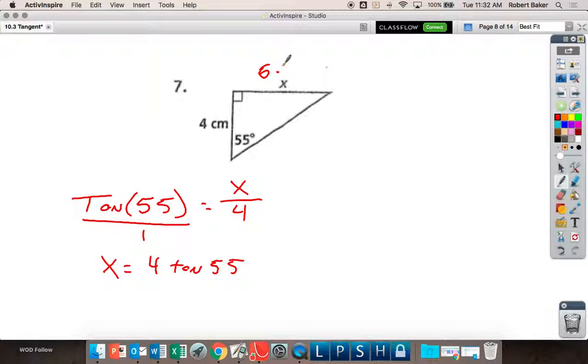That's weird. Whoa, whoa, whoa. Hold on. So you could use Pythagorean Theorem and solve for the third side.